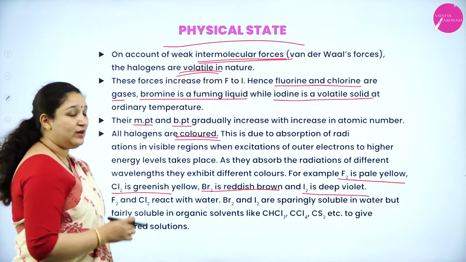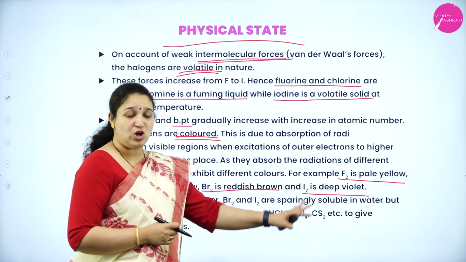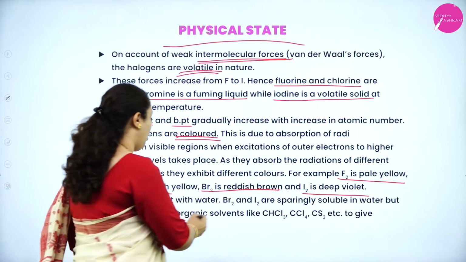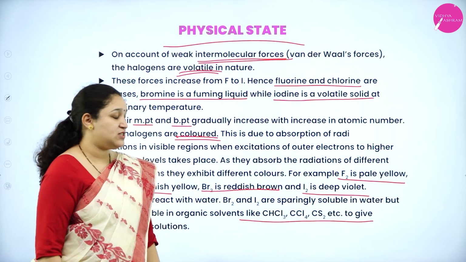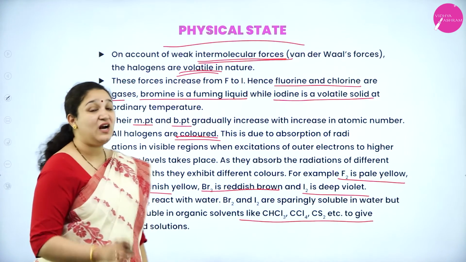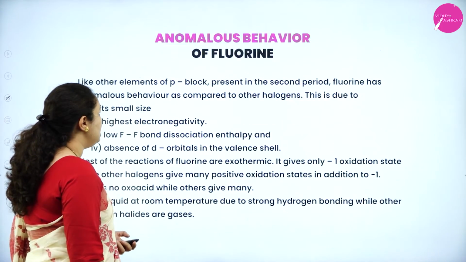Now, fluorine and chlorine react with water. Bromine and iodine are sparingly soluble in water, but soluble in organic solvents like CCl4, CS2, etc. to give colored solutions. So that's about the physical state.